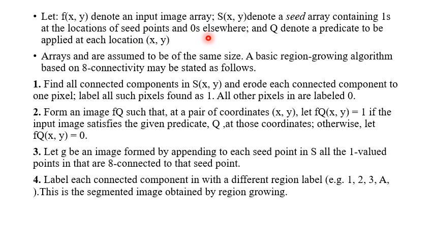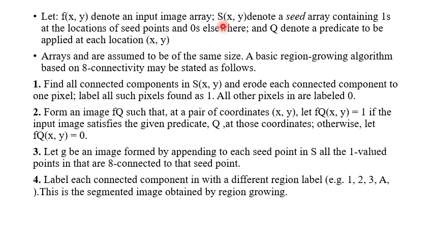As I told you, there may not be just one seed point. The number of seed points depends on how many objects or segments you want to have. So in one image itself, I can have many starting seed points, and from there I keep growing and forming the segments or similar regions. So s(x,y) is the seed array consisting of ones at the locations where the seed points are, and zero otherwise.